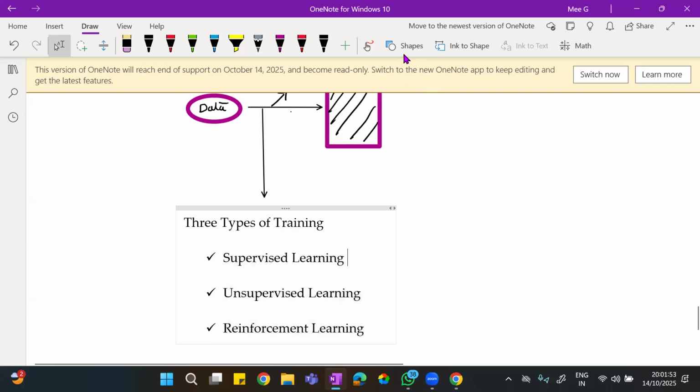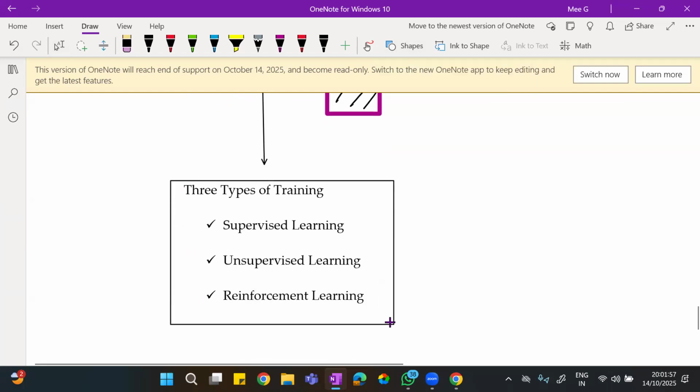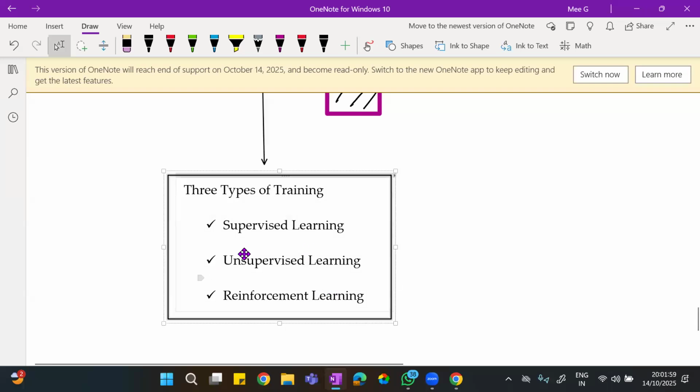Now, when you look at supervised learning, I can give you, not going so deep and not wanting to confuse you, a simple example, then you will understand much better. See, consider there is a student over here. Okay.